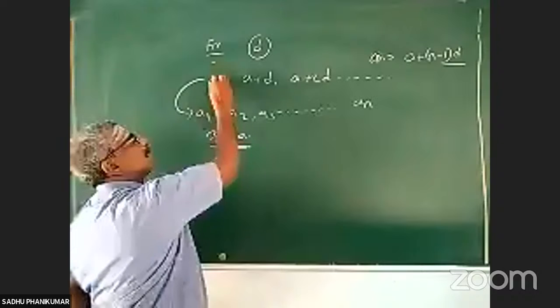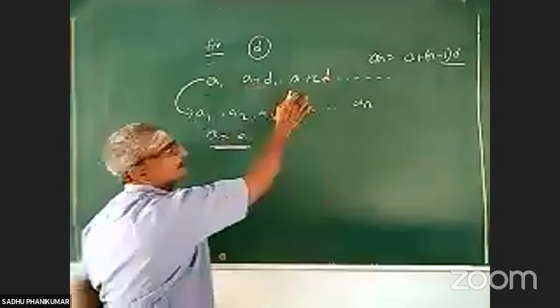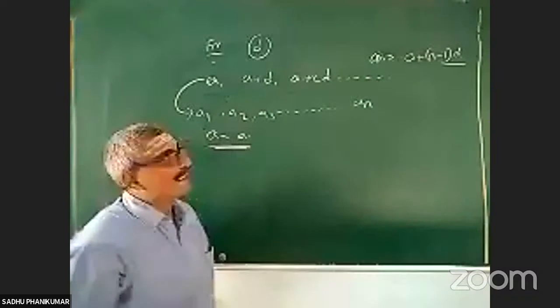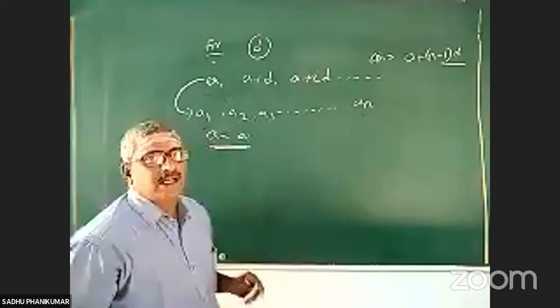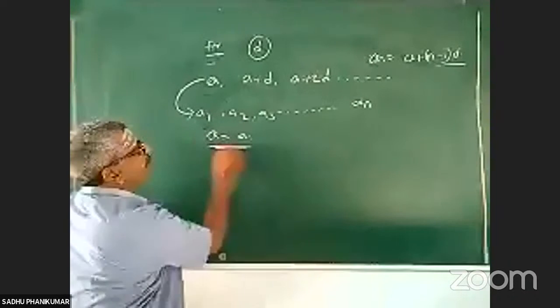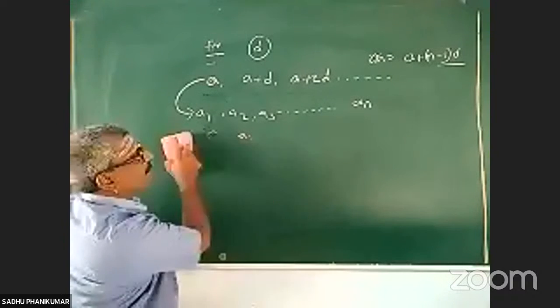Whereas if you write it in the common form, you will write it as a, a plus d, a plus 2d, and so on. The nth term is written as a plus (n minus 1) into d. Clear? Now, in this class, we are going to find the required term.